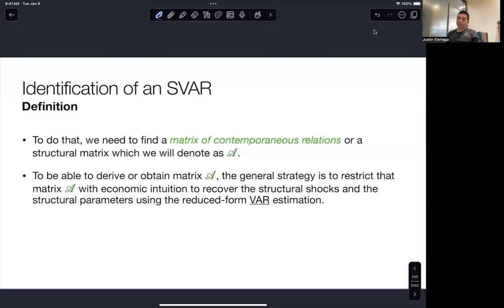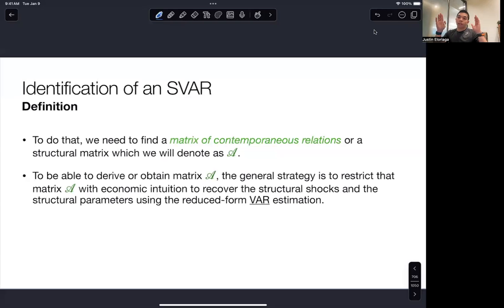So what do we mean by this? We need to build matrix A in such a way that it corresponds to some robust economic intuition that we hold based on our theory. Imposing this economic structure on the matrix allows us to recover the structural shocks and the structural parameters using a normal reduced form VAR estimation.